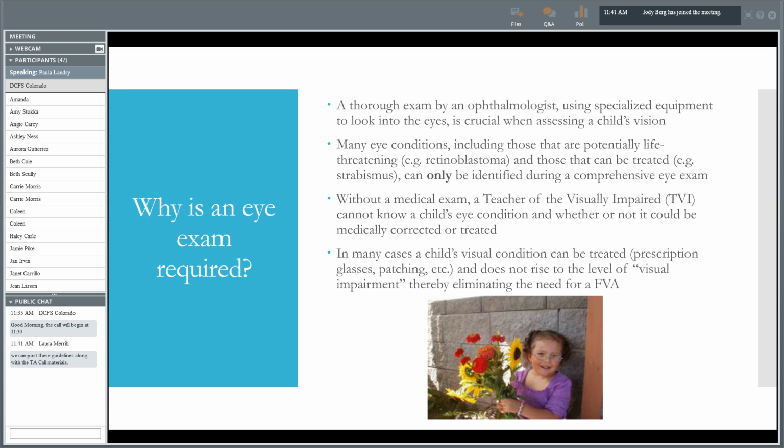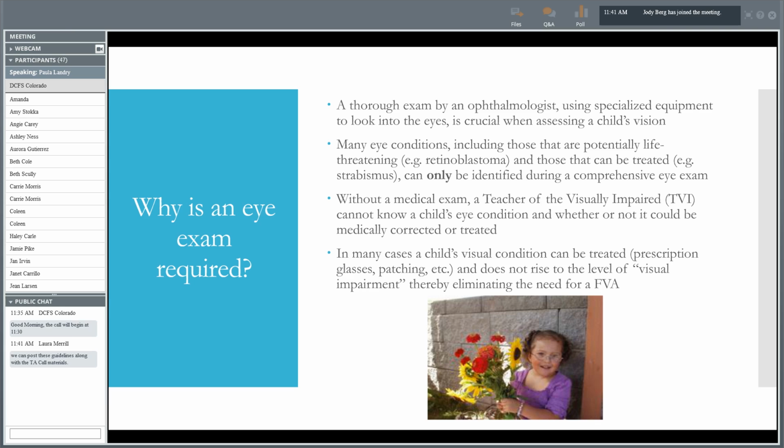Like I said before, ophthalmologists are the only people who can actually look into the back of the eye and make sure that all the structures are normal, or see any problems. So without all of that equipment, the slit lamp and the retinoscopy and the different tools that the ophthalmologist uses, we really and truly have no real idea of what's going on with those kiddos and their vision.